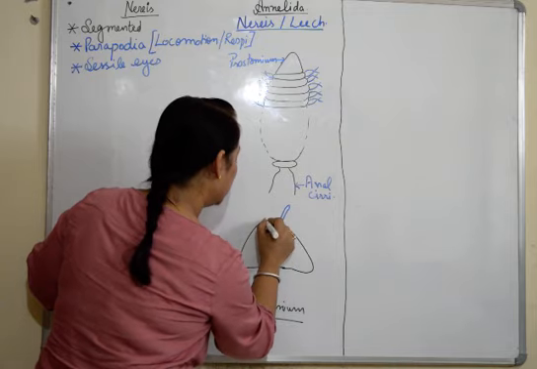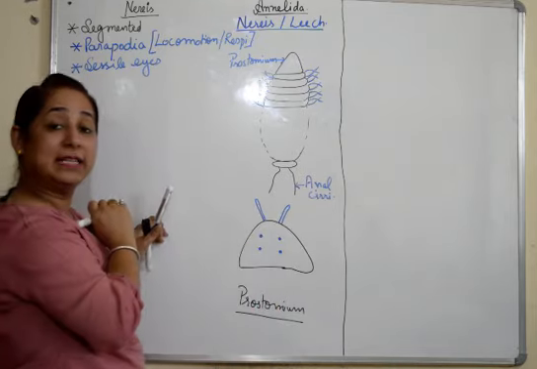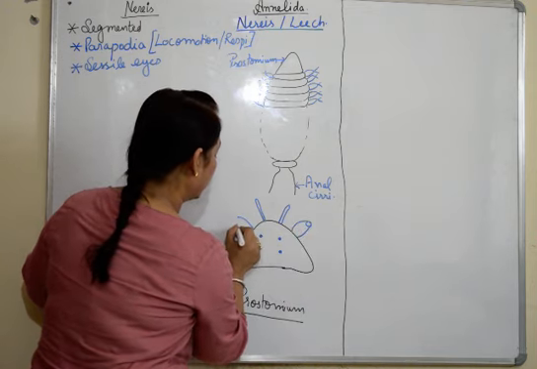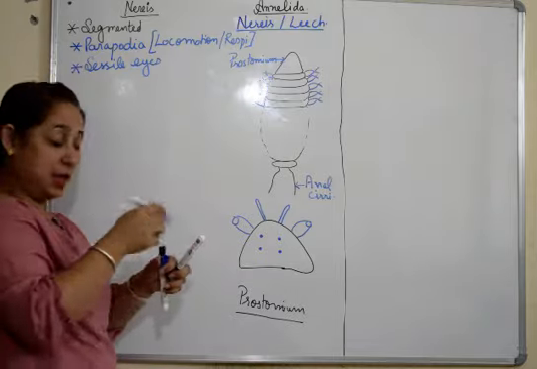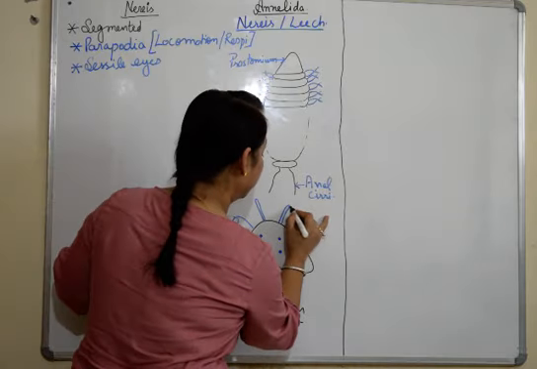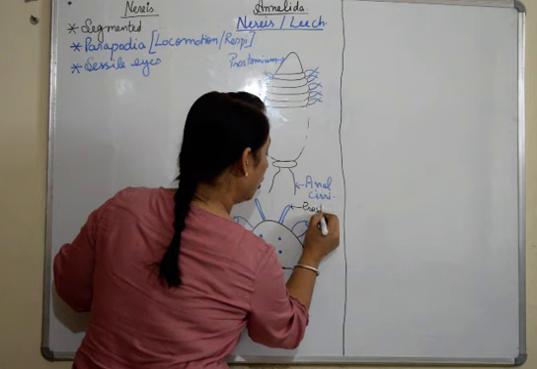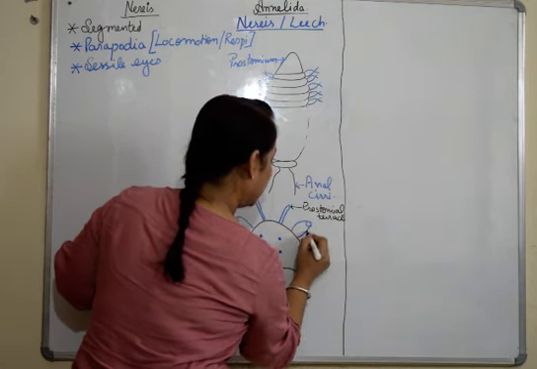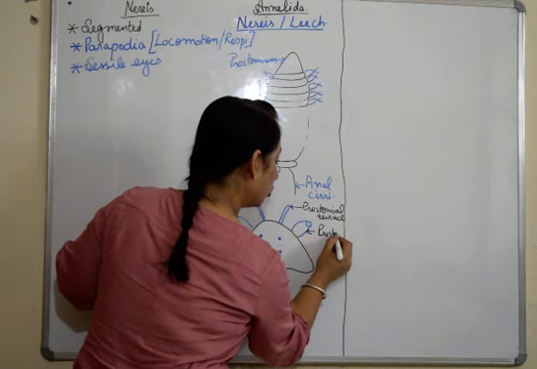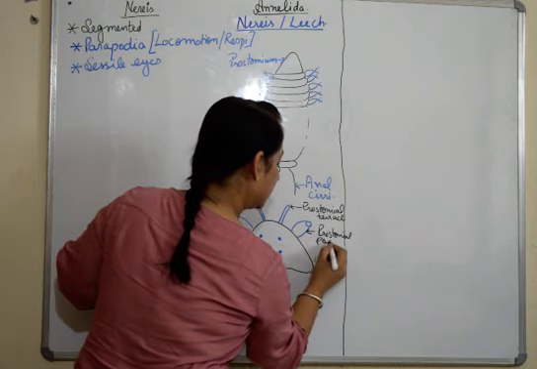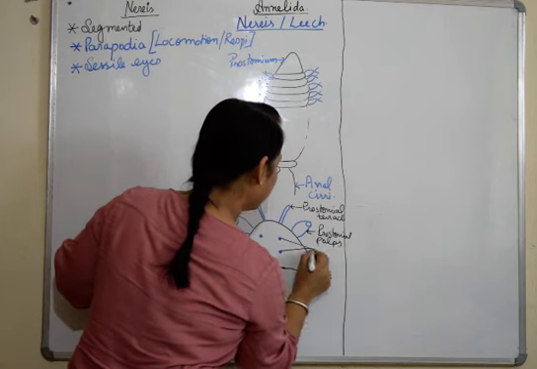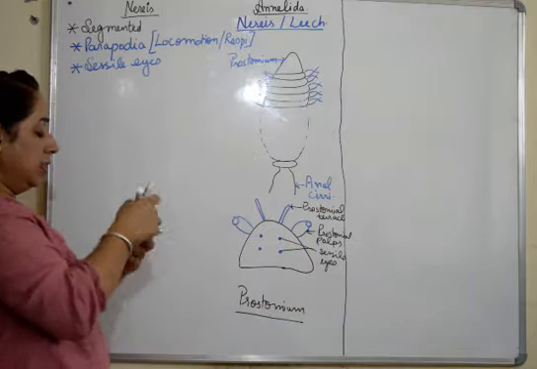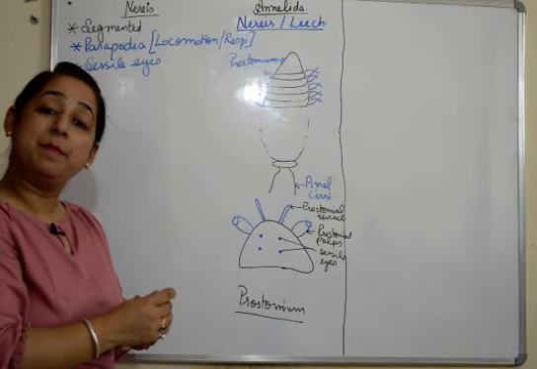It has two prostomial tentacles, and it has two prostomial palps present here. Fine. So these are some structures which are present. I'll label them. This is prostomial tentacle. This is prostomial palps, and these are a pair of sessile eyes. So this is the structure of prostomium in a magnified view.